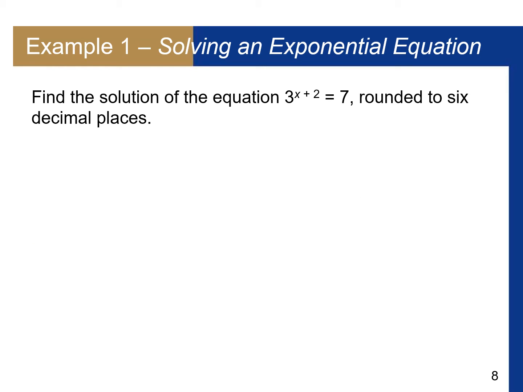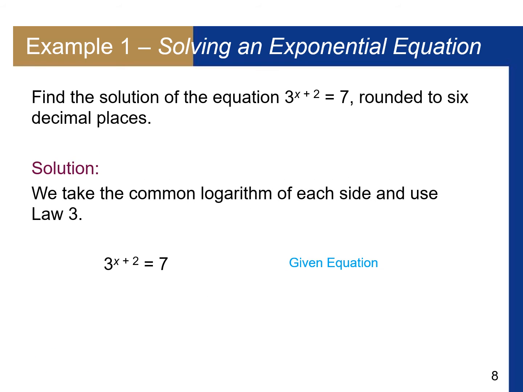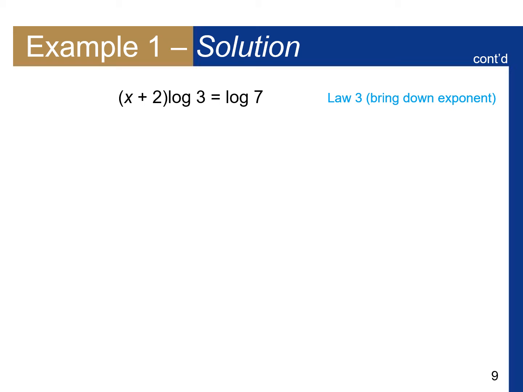So here we go. Find the solution of 3 to the x plus 2 equals 7, rounded to 6 decimal places. We're going to take the common log of each side using law 3. And now we can bring the exponent down to the front.